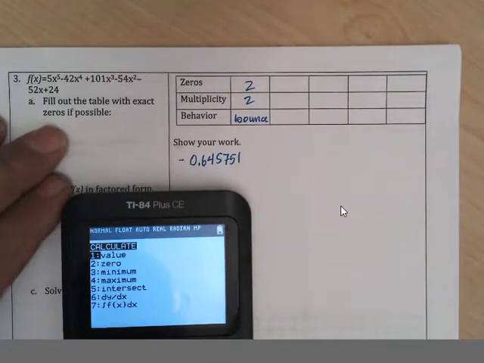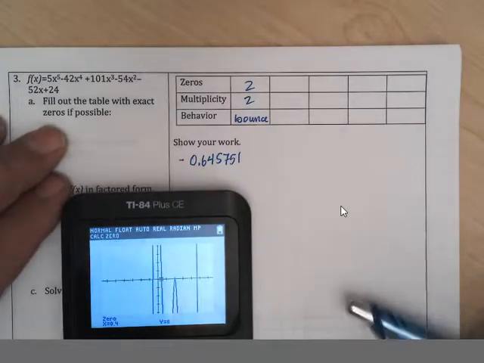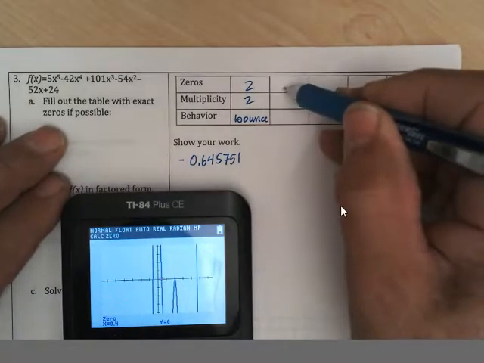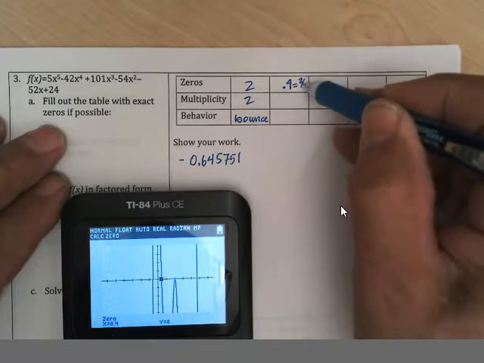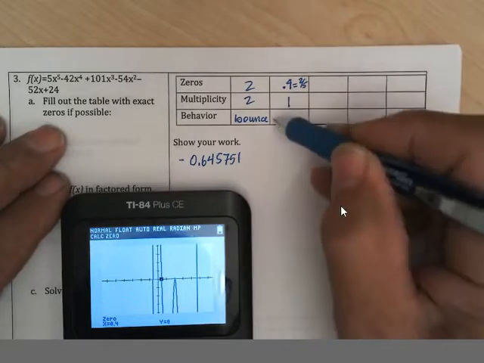Second, calculate the 0 between 0 and 1. Guess 0.5. And it says, nope, it's 0.4. But 0.4 is nice. 0.4, which is 2/5. Happens once, it goes straight through.